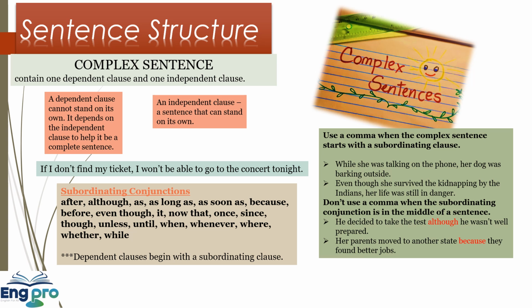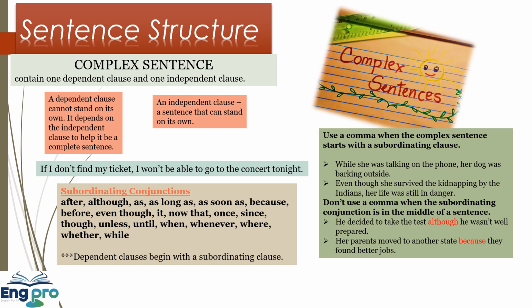However, if our sentence starts with the independent clause, then our subordinating conjunction will end up in the middle of the sentence, and our comma is not necessary there. So let's take a look at the conjunctions that we can use in this sentence.